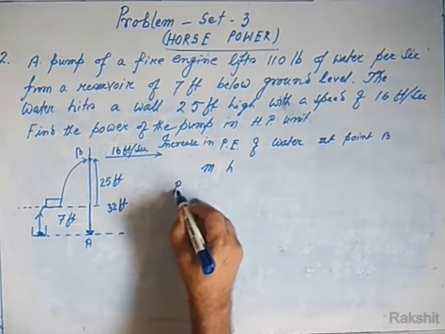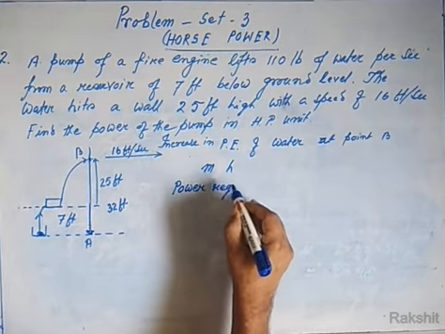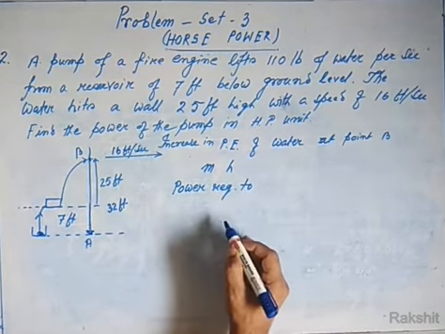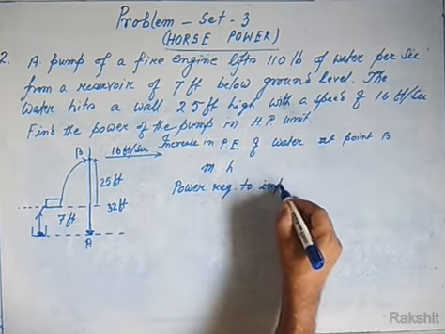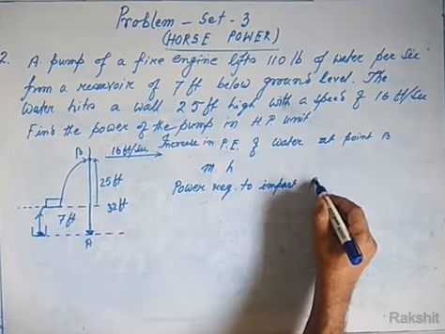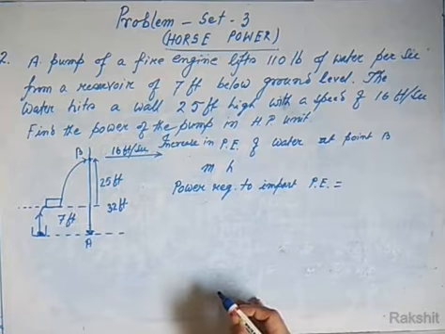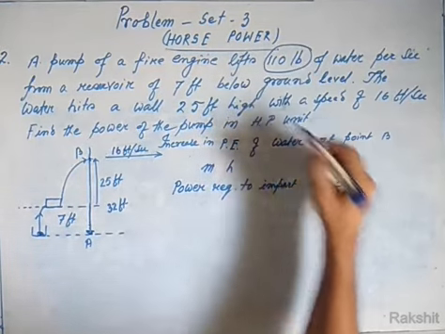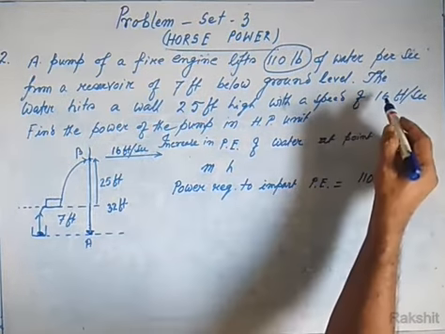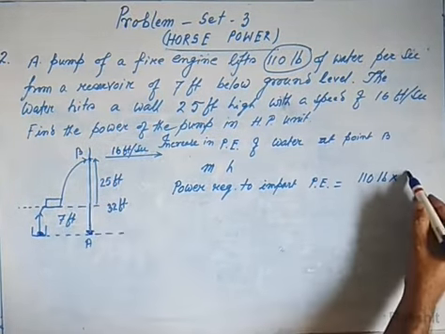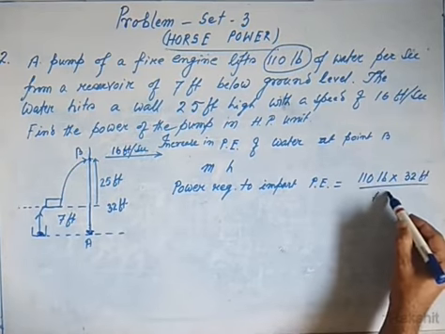So the power required to impart potential energy is equal to m, which is 110 lb, into the increase of height, 32, by 1 second.